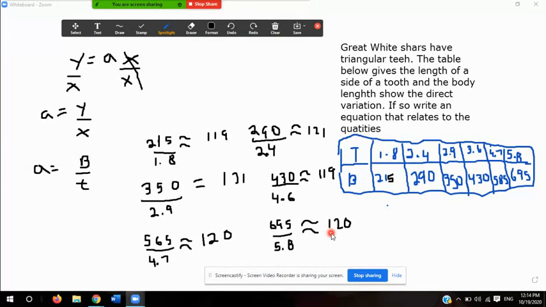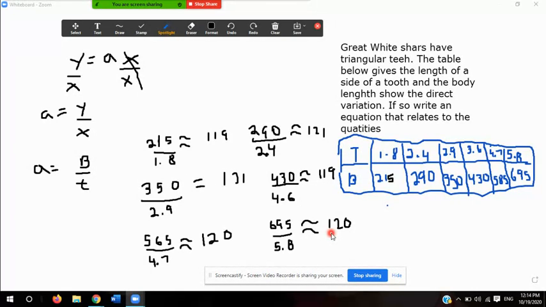Likewise, if I divide 290 by 2.4, your answer is 120.8. So you round that to 121.